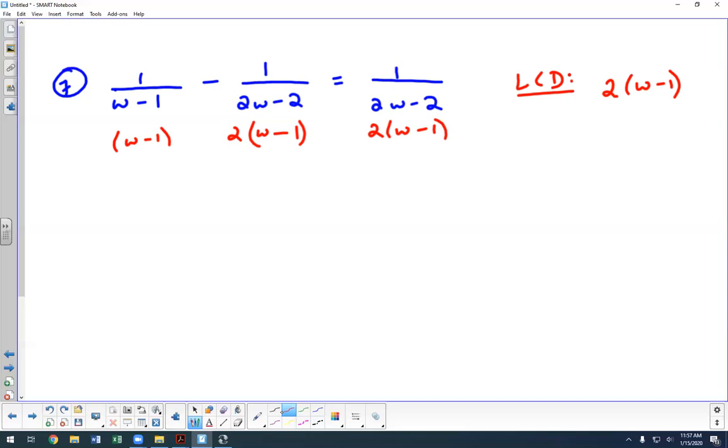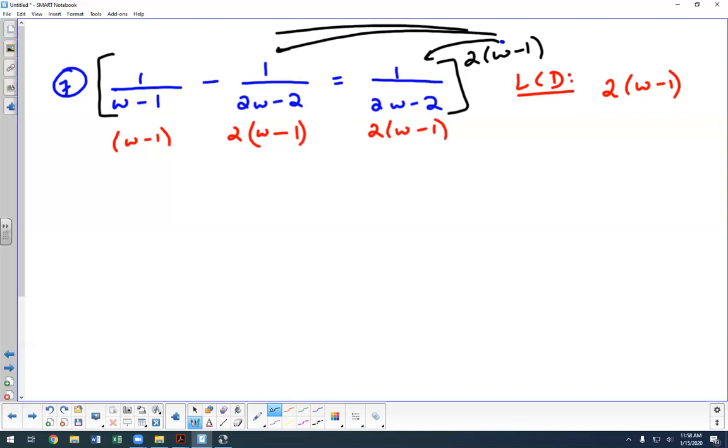So I'm going to take my entire equation, and let's change our color here. I'm going to multiply it by this LCD. So that's going to be every term. Multiply every term with that common denominator. So 2 parentheses w minus 1 is my LCD.